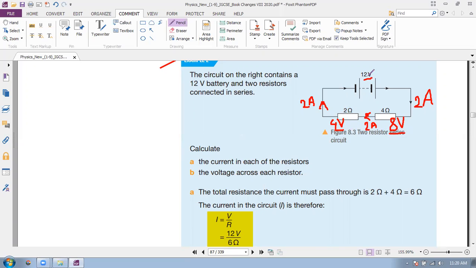Remember, the supply voltage is equal to the voltage drop across different components in a series circuit.